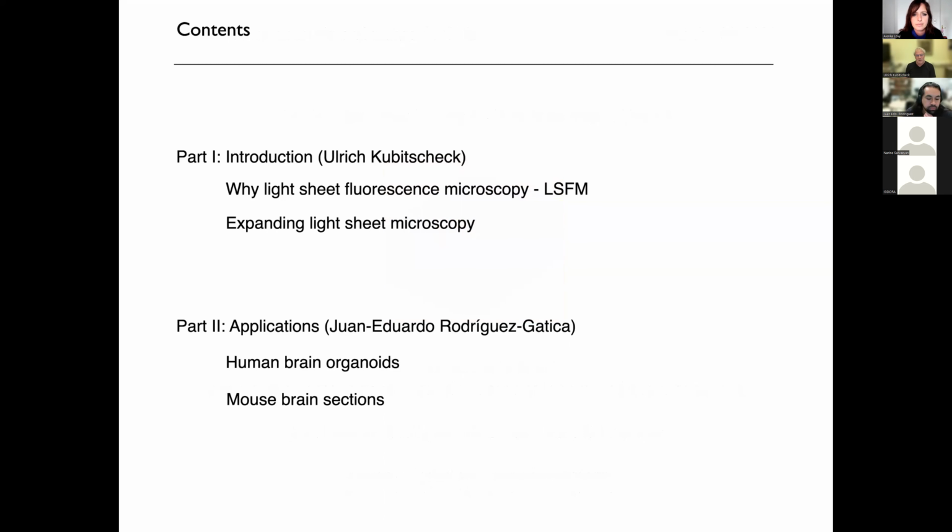Why should we use light sheet microscopy? What are the special features, and what can be done in order to even further improve the technique, and especially improve the sample treatment and increase the resolution. And in the second part, Juan will talk about applications, the brain organoids and mouse brain sections.